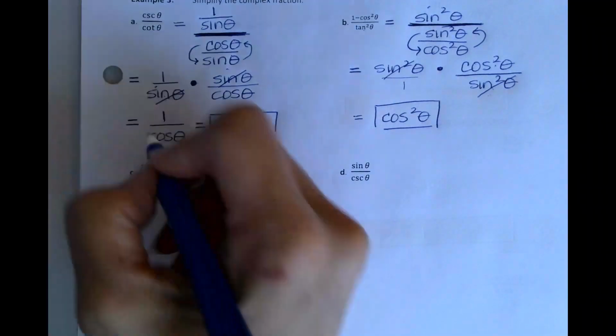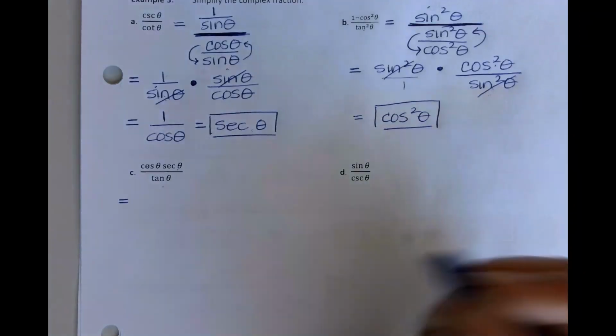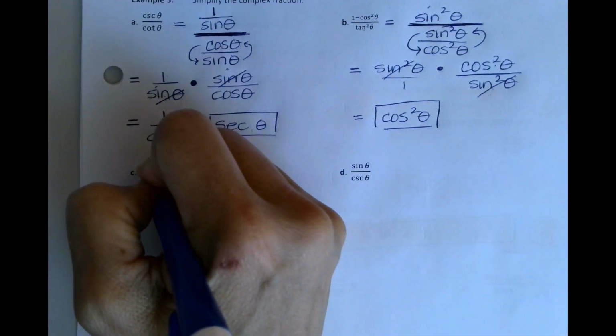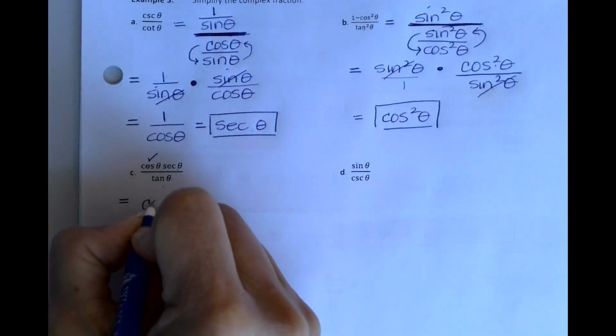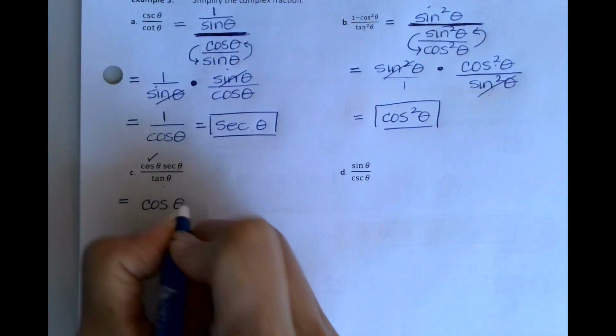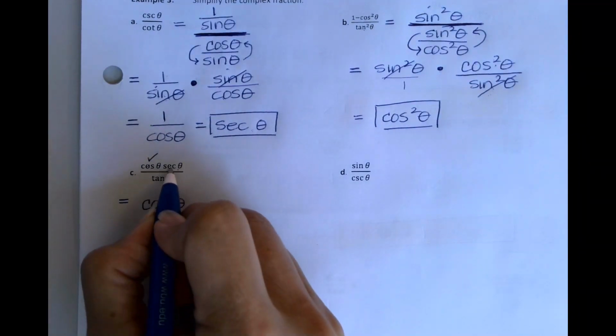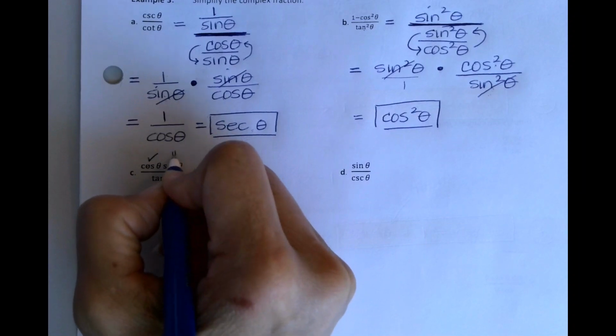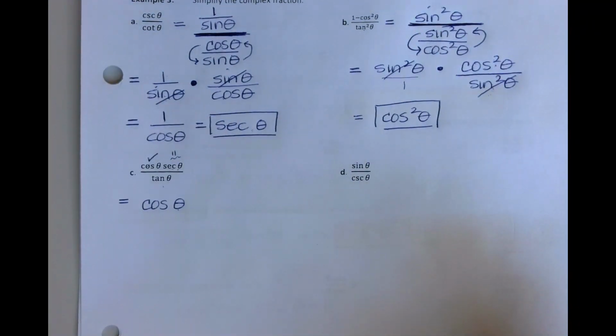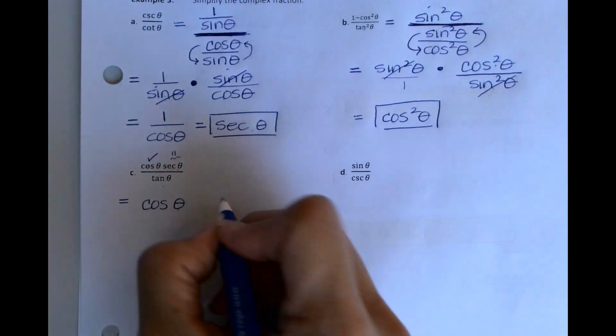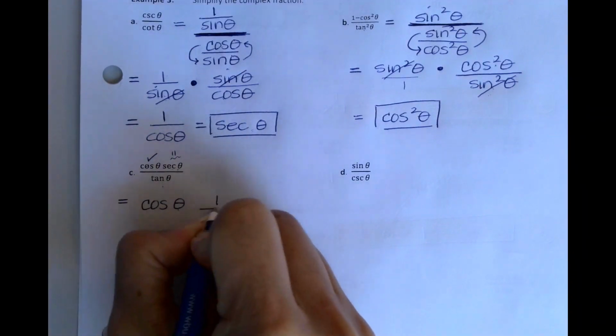So let's go. Here's what I think the majority of you probably did. Cosine, you kept it the same. So cosine theta. Notice I'm still writing my thetas. Secant, we want to change that. So a little frowny face. Let's change secant to the reciprocal of cosine.